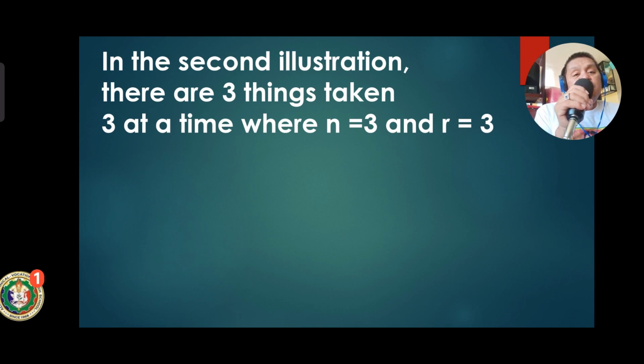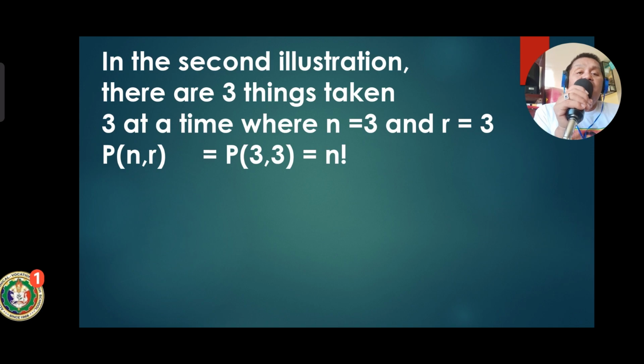In the second illustration, there are 3 things taken 3 at a time, where n is equal to 3 and r is equal to 3. So we have the permutation of 3 letters taken 3 letters at a time, which is the permutation of n is 3 and r is 3.